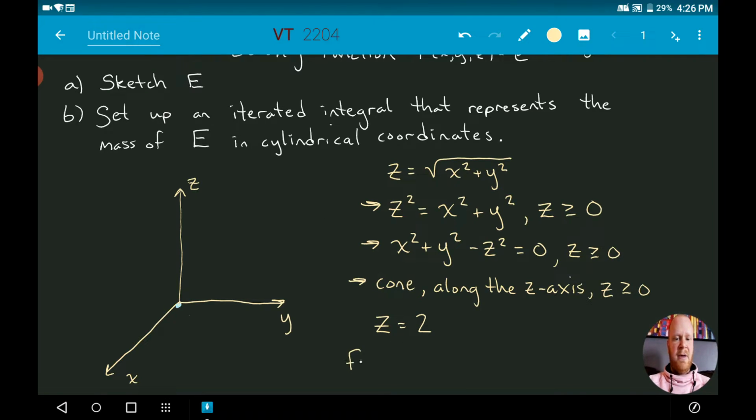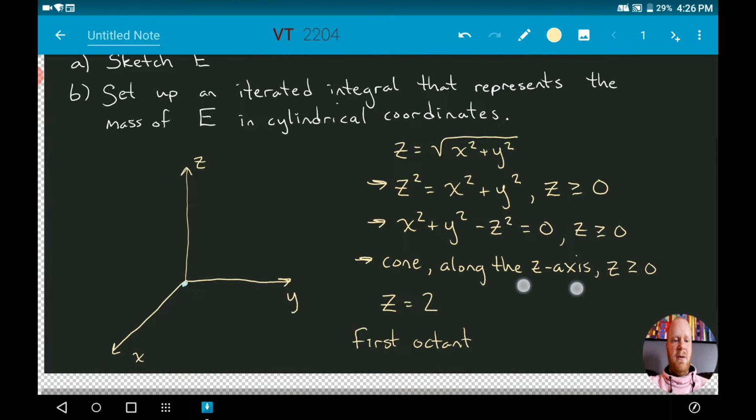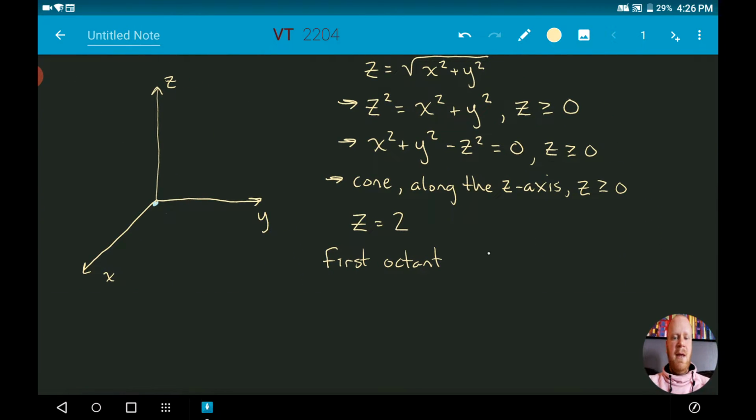And then we also have the information that it's in the first octant only. And what that's telling us is that we're only using positive values of x, y, and z. So we'll say that x, y, and z have to be greater than or equal to 0.